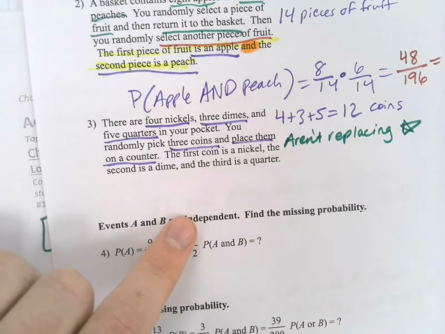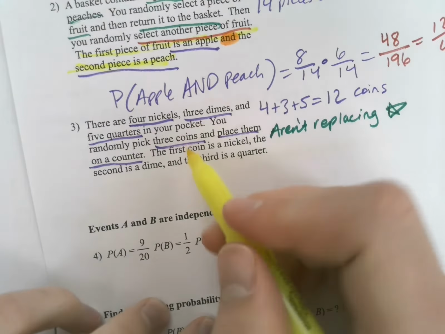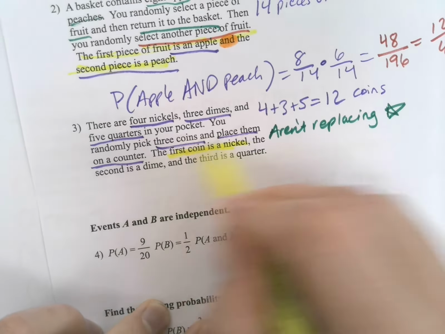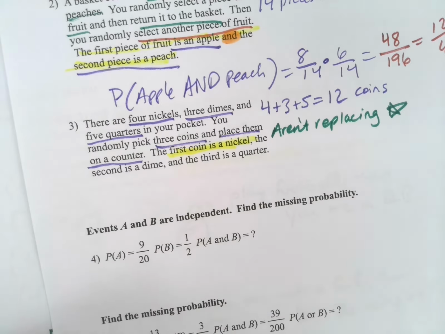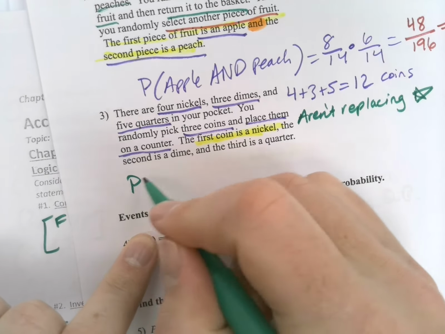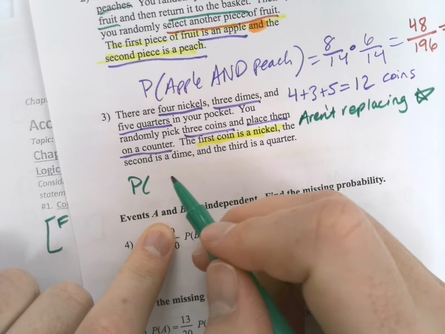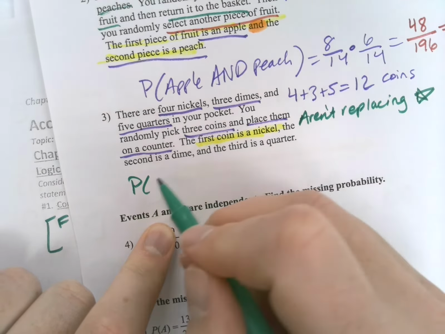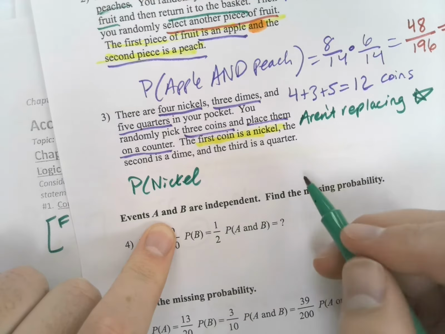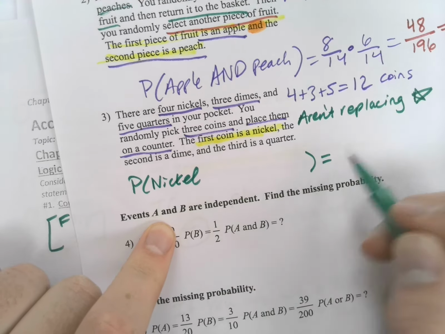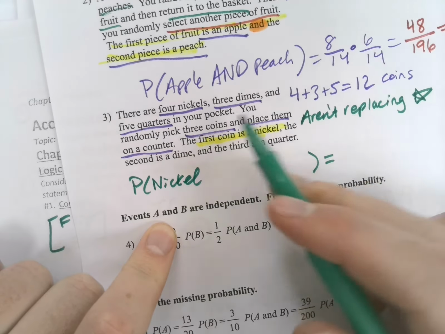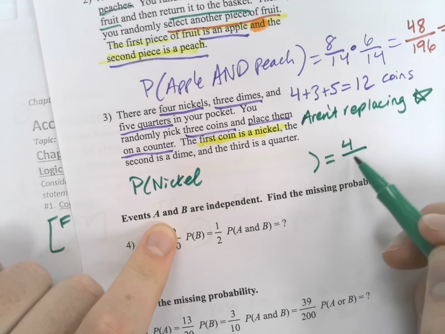So then whenever they ask us, hey, what's the chances that the first coin is a nickel? We say, okay, I've got this. So probability of the first coin being a nickel, I know that's going to be, looks like 4 nickels out of 12 coins.